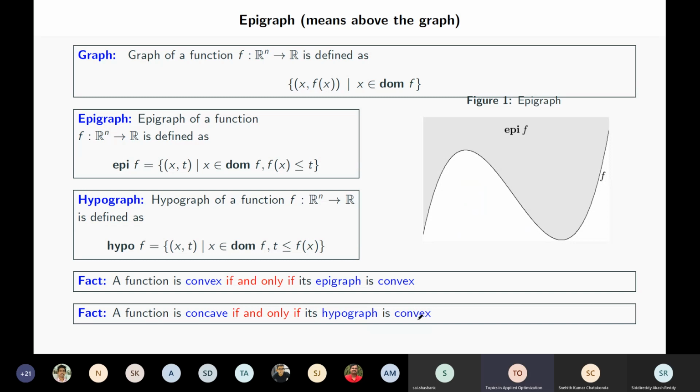So a function is concave if and only if its hypograph is convex. Yeah, I think this will still be convex, right? So a concave function will look like this, and the hypograph is this. A function will be concave if the hypograph is convex. Okay, so that's correct.